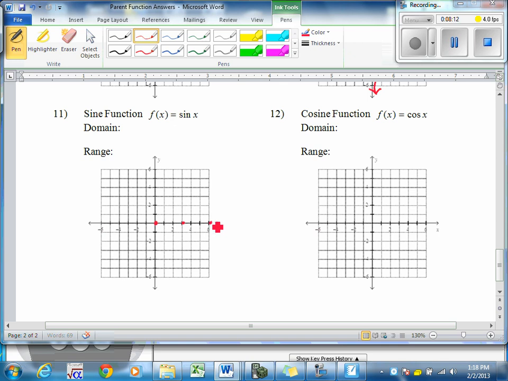And if you get that idea that it kind of looks like a wave like this, that's the key. If we do the wave here, something like that. Now, the domain for both of these is the same. Negative infinity to infinity.